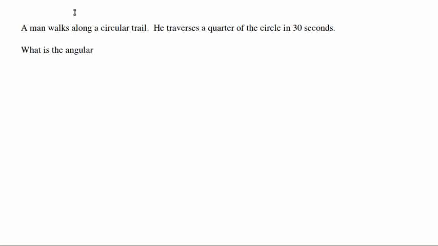What is the angular velocity and angular frequency of the man? Pause the video and try to find the angular velocity and angular frequency. I'll go ahead and do it as well.